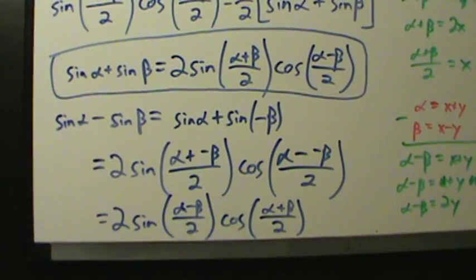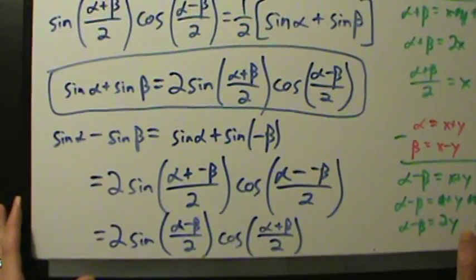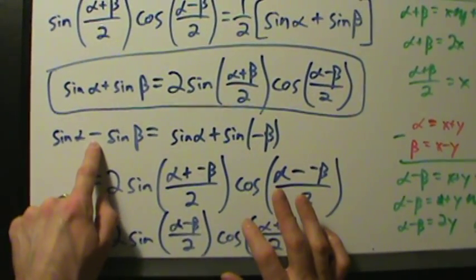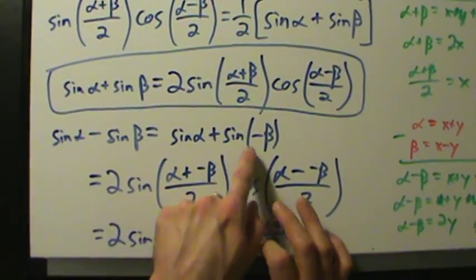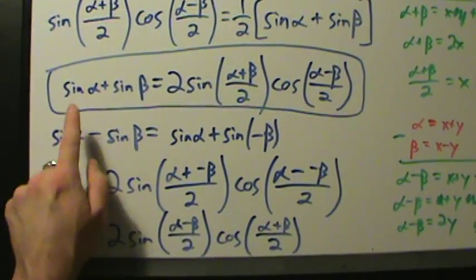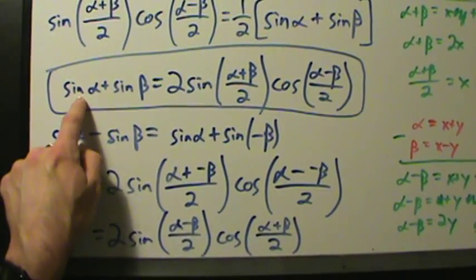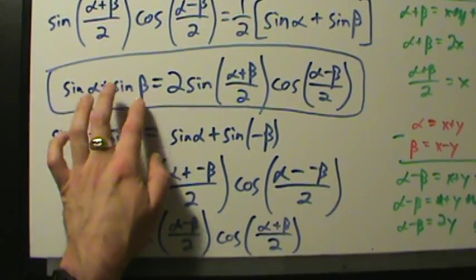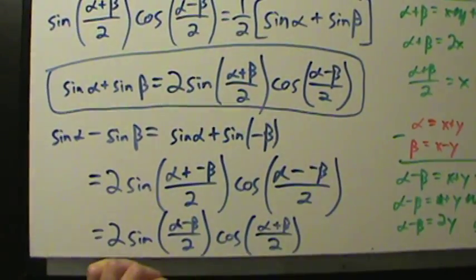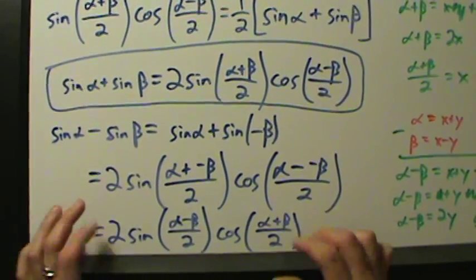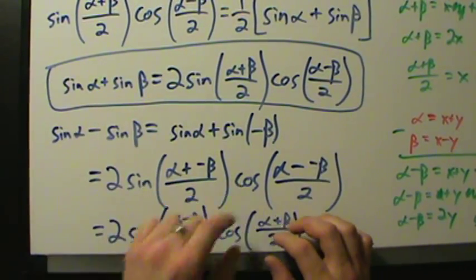Now, just to recap what happened real quick, we used the fact that sine is an odd function, so we can take negative sine of beta and rewrite it as plus sine of negative beta. Then we can use the sum to product formula that we already established: sine of something plus the sine of something else equals this mess here. We just applied this formula to this expression. It's exactly the same, except instead of a beta, we have a negative beta.